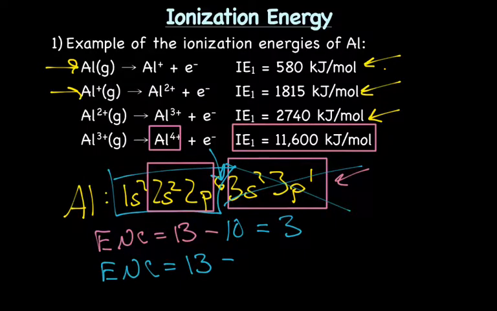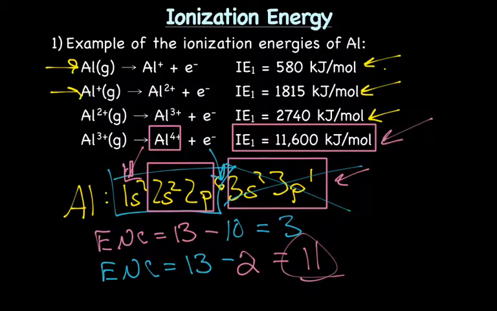So the core electrons are just the 1s2, so it's minus 2. So the effective nuclear charge is now 11, which is way, way more, which is why it's so much harder to remove electrons that are not valence electrons.